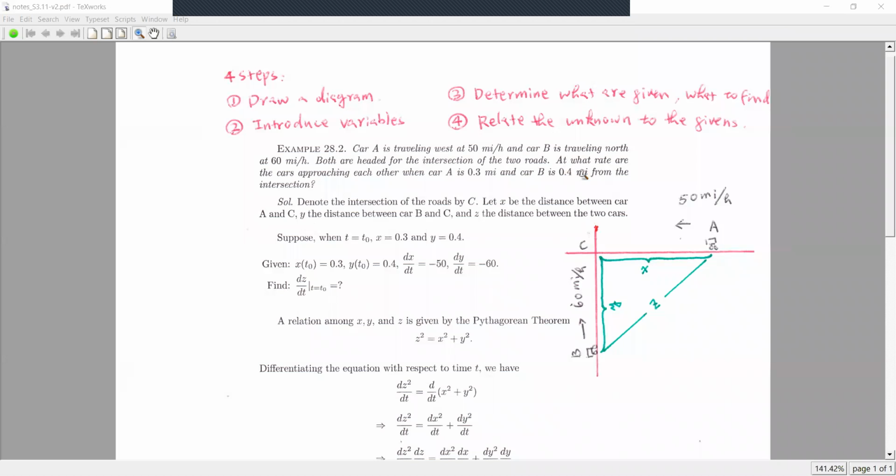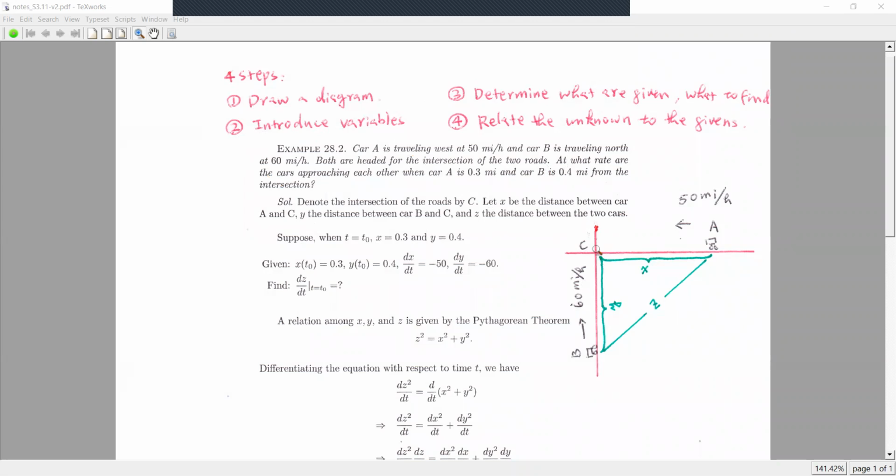To answer the question, step 1, draw a diagram. I'm done with this step. Step 2, introduce variables. Let C denote the intersection of the roads.